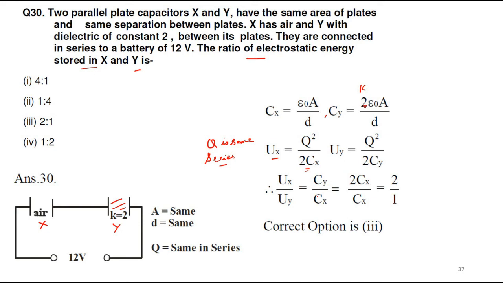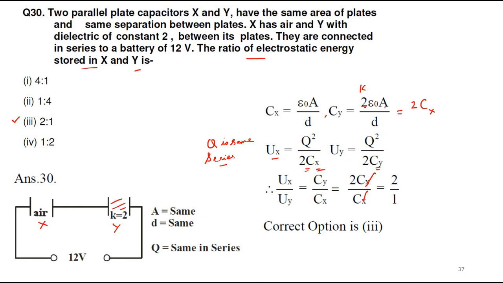Cy by Cx, because Cy and Cx are in the denominator. When you divide, it will be Cy by Cx. But Cy is 2Cx. Cx will cancel. So the ratio happens to be 2. So correct option, option 3.